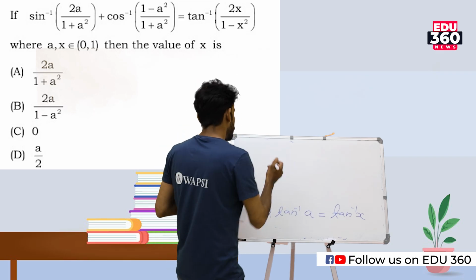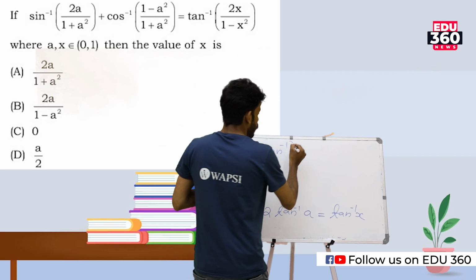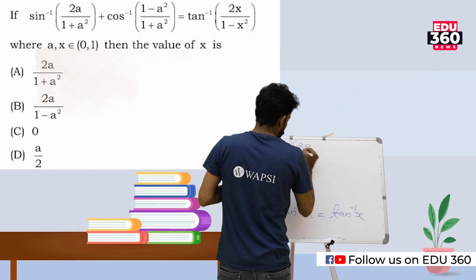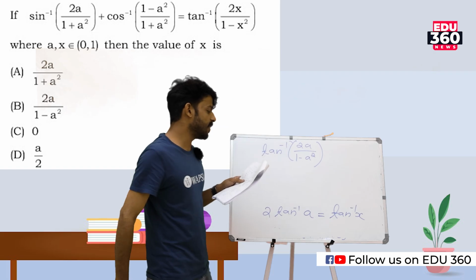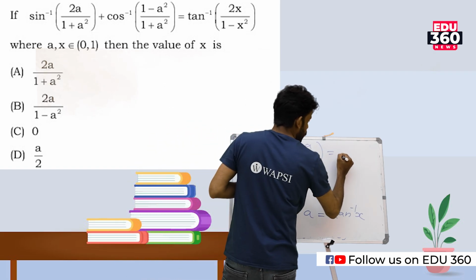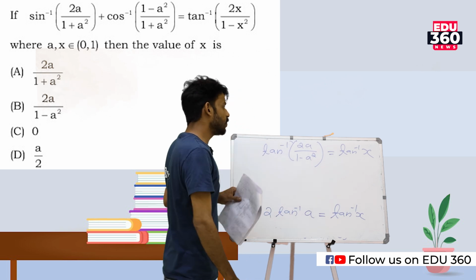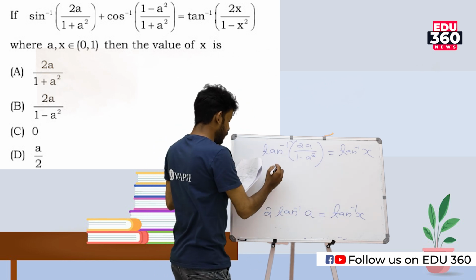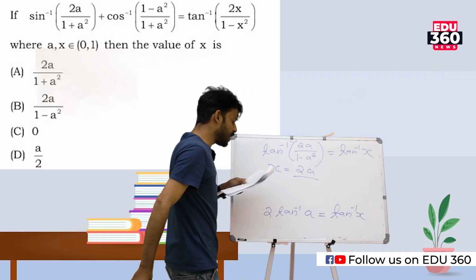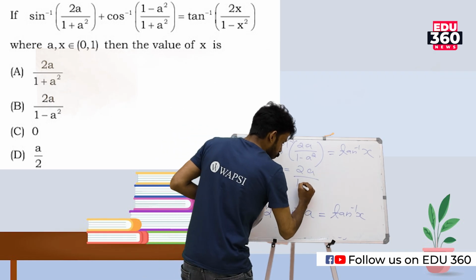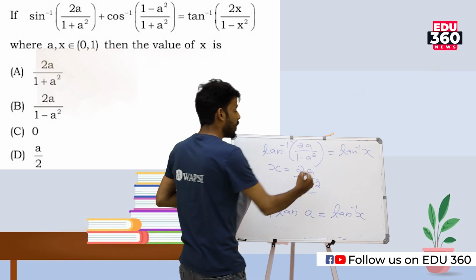So that is equal to tan inverse 2A divided by 1 minus A square, that is equal to tan inverse x. So just we can cancel the tan. So in the next step we can write x is equal to 2A divided by 1 minus A square.